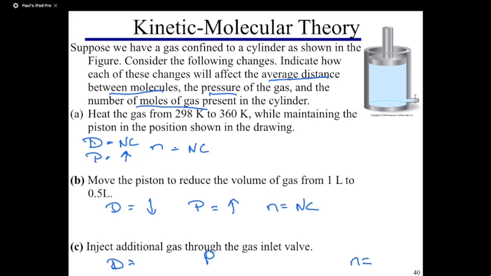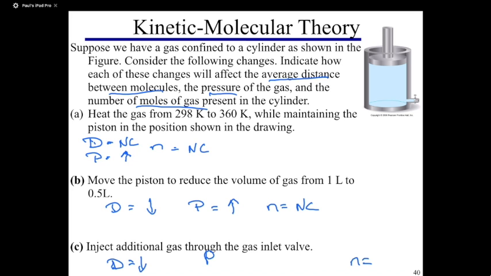If I inject more gas into the cylinder, what happens to the distance between the molecules? Does it go up, go down, or no change? It decreases, because if you put more in there, they're closer together. What happens to the pressure if I put more inside?